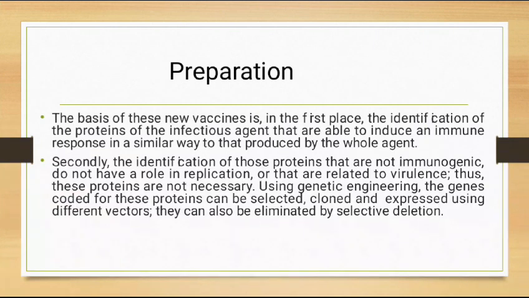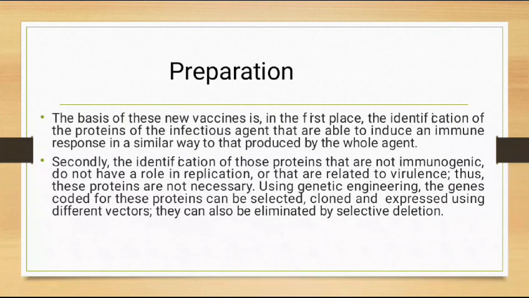Preparation. The basis of these new vaccines is, in the first place, the identification of the proteins of the infectious agent that are able to induce an immune response in a similar way to that produced by the whole agent.